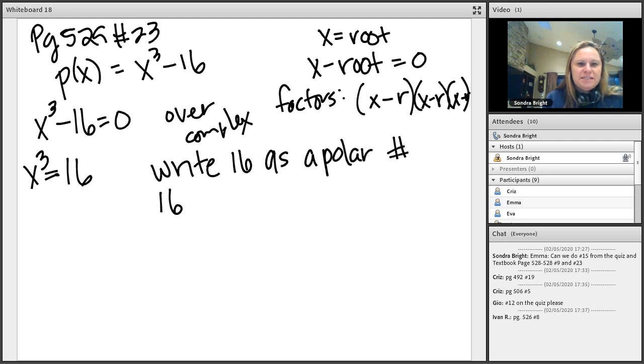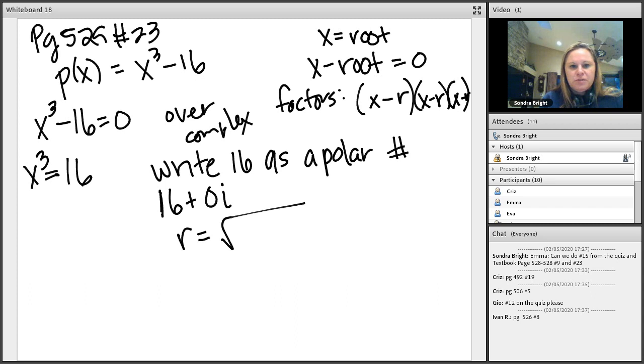So it's like 16 plus 0i, where 16 is the real part, 0 is the imaginary part. Spoiler alert, r is going to be 16, theta is going to be 0. And I know that because it's a pure real number, and it's positive. But I'll show you the work involved just in case that doesn't make sense to you.